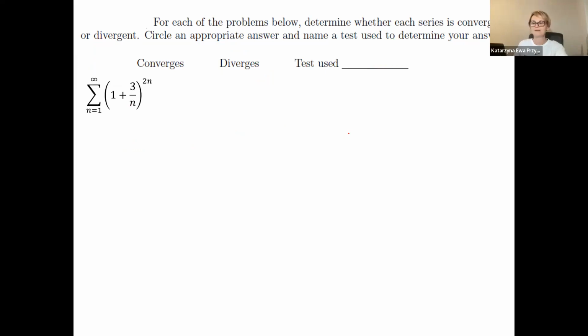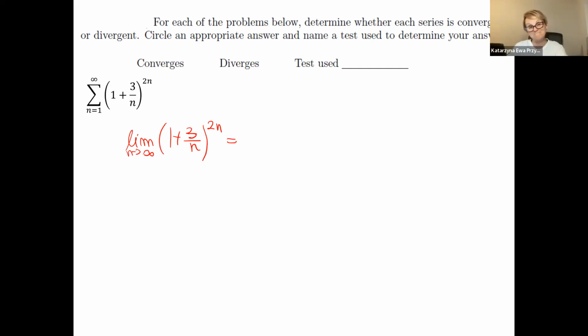Okay, example number 3. Series 1 is summation, sigma, 1 plus 3 to the n, everything to the power of 2n. Do we remember that formula? I will grab this sequence and compute a limit.